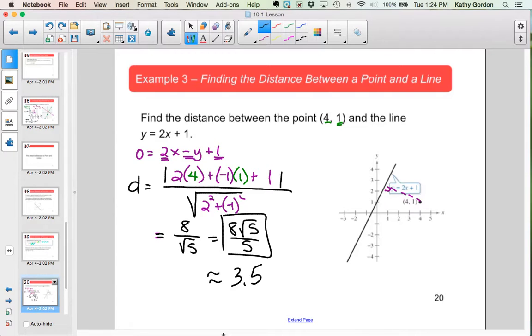If it's just a flat out, here's the equation of the line, here's the point, find the distance, I want exact answers. That's a more theoretical kind of problem. But if the line actually represents something and the point actually represents something and you're trying to find the distance in a more application, real life context, then making it a decimal approximation is fine because it makes a little more sense.